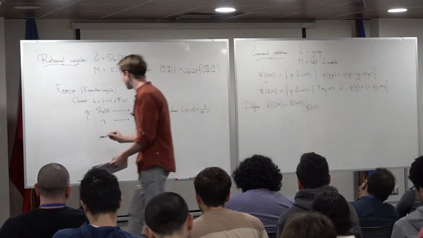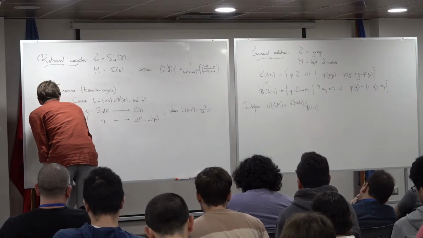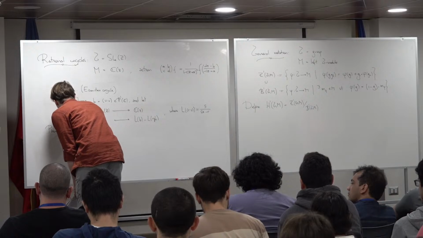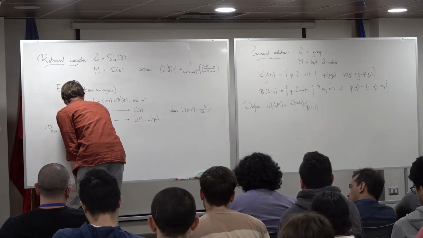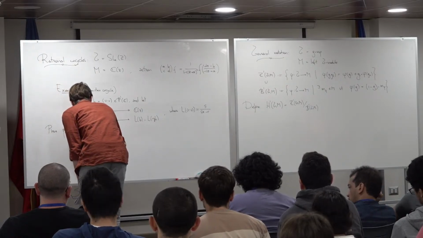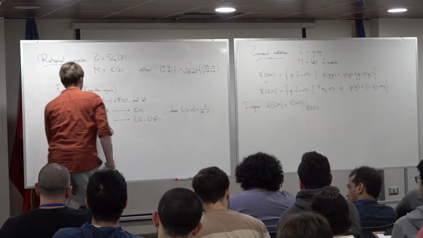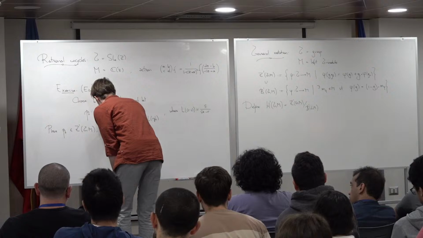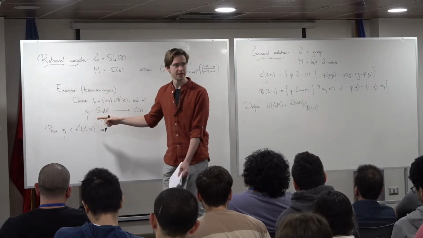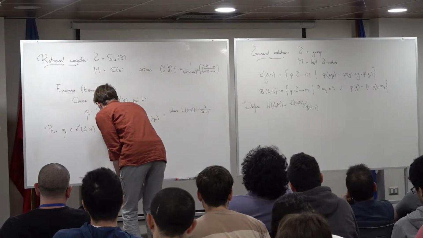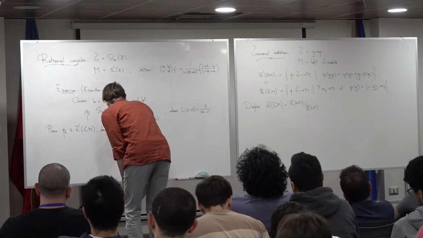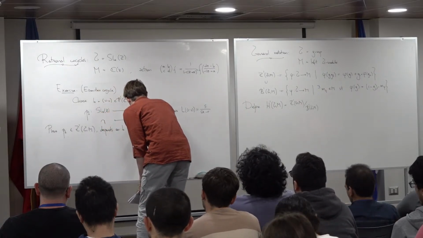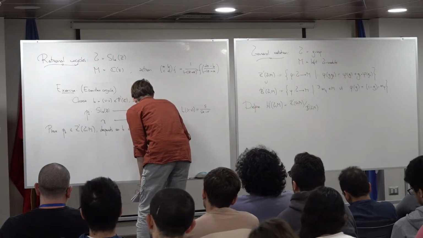And your exercise is to check that it's indeed a cocycle. So prove that this P_B is indeed an element of Z^1(G, M) by checking the cocycle relation, and check also that it's independent of B in the following sense. It depends on the base point B only up to a coboundary.